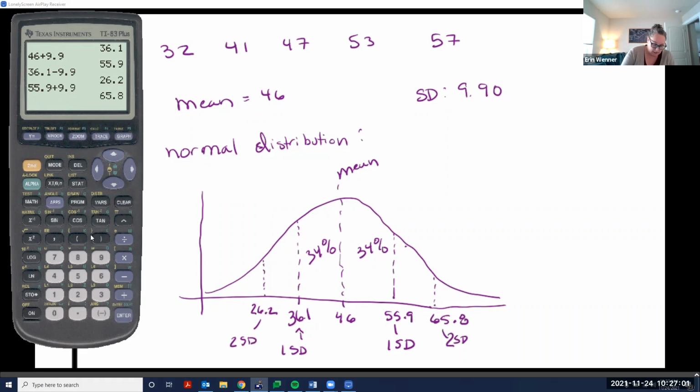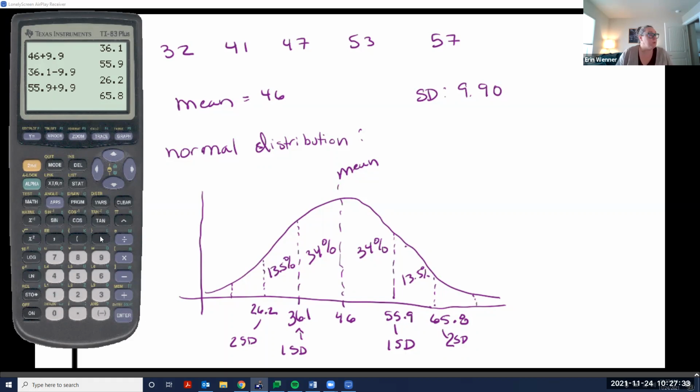And remember this part here, we've got 13.5% of the data. If it's going to be a normal distribution, has to live here. And we can see already all of our data, because 32 is above the 26.2 and 57 is below the 65.8. So all data points in this set are within two standard deviations from the mean. If we were to continue to go out, we would have our last standard deviation point, which would be 3 standard deviations.